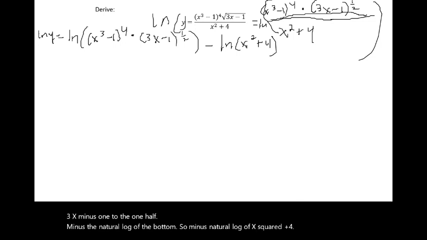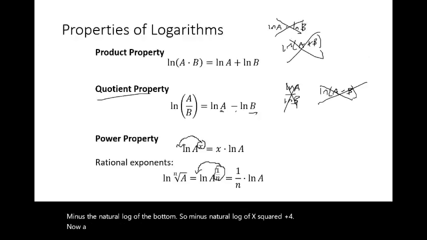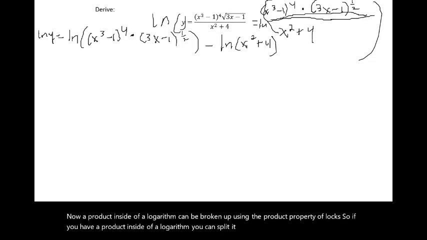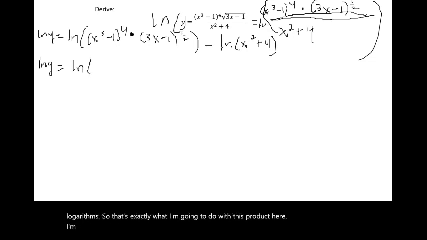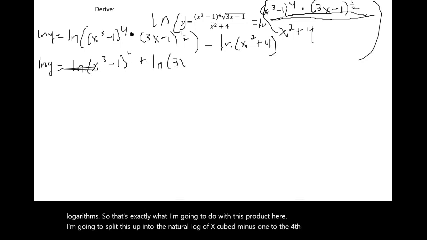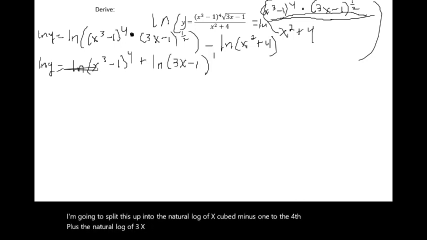Now, a product inside of a logarithm can be broken up using the product property of logs. So if you have a product inside of a logarithm, you can split it up into the addition of two separate logarithms. So that's exactly what I'm going to do with this product here. I'm going to split this up into the natural log of x cubed minus 1 to the 4th plus the natural log of 3x minus 1 to the power of 1/2, minus.